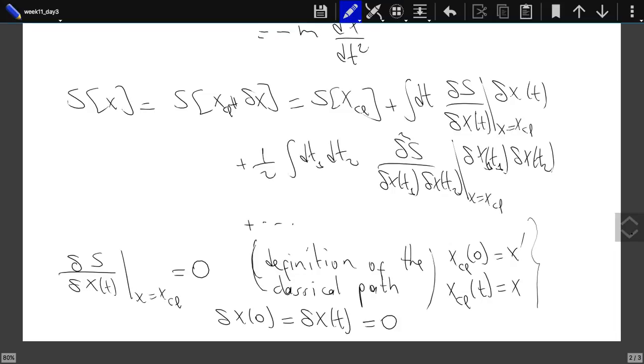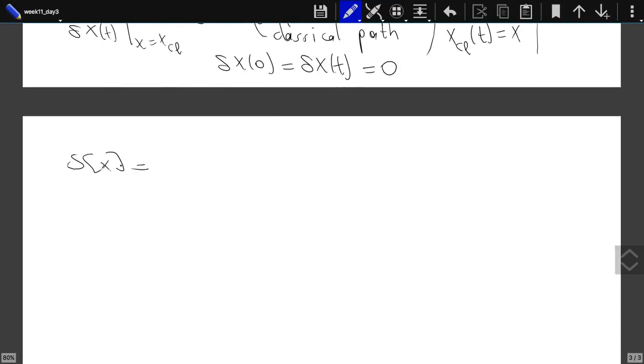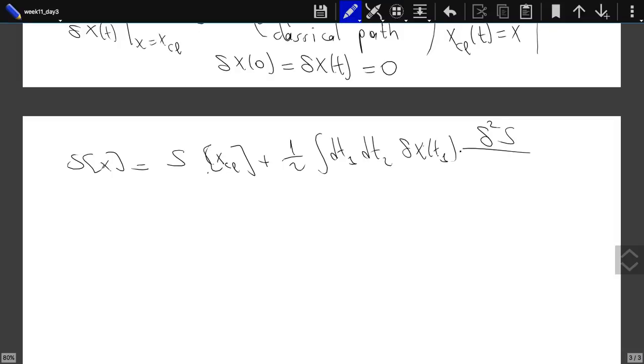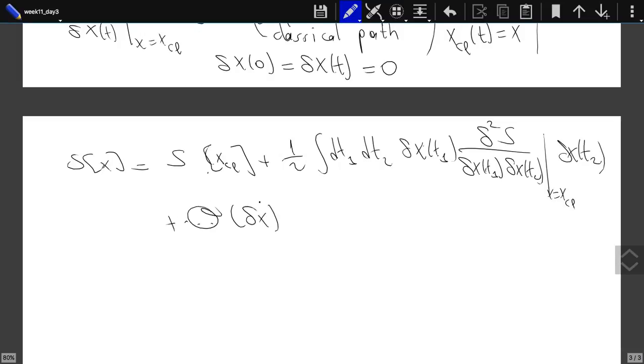So these two terms: S of x is equal to S of x classical, the action evaluated for the classical path, plus 1 over 2 integral dt1, dt2, delta x at t1, the second variation of the action with respect to x at t1 and x at t2, where x is equal to the classical path, delta x at t2, plus terms of the order of delta x cubed.